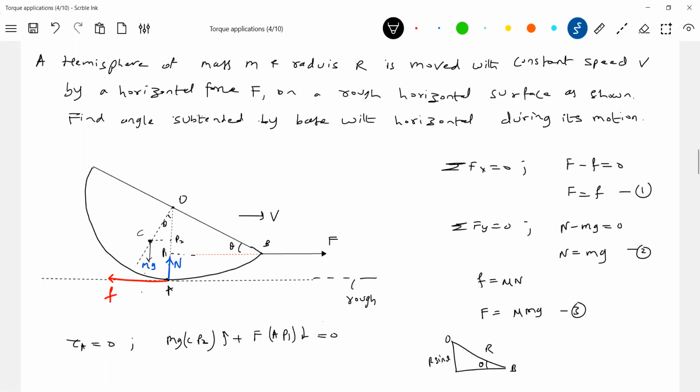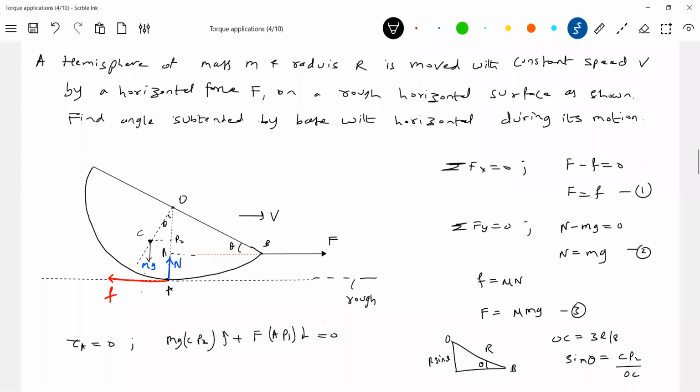So what is CP2? OC is 3R by 8, no? So therefore sine theta equals CP2 by OC.